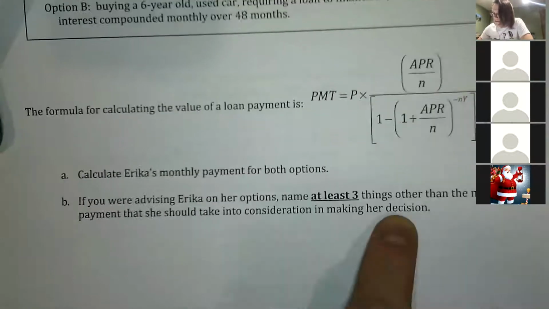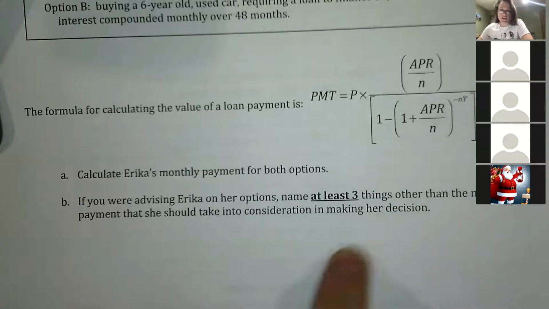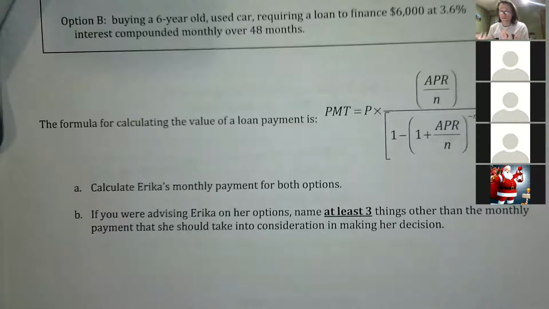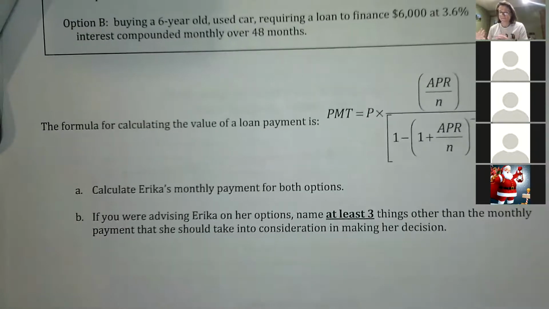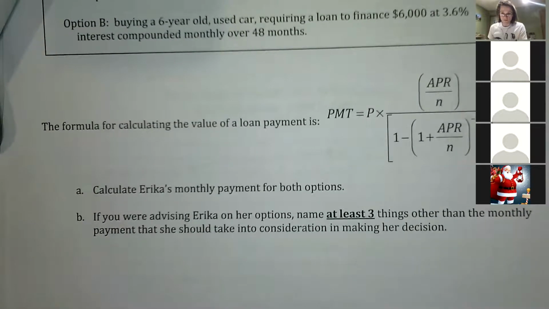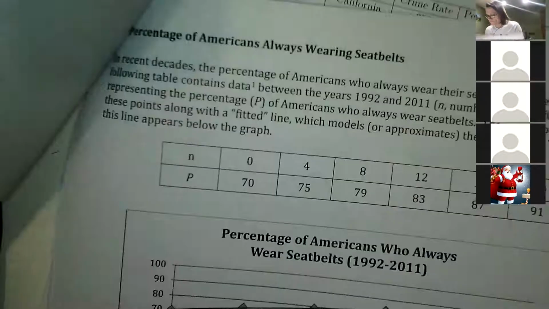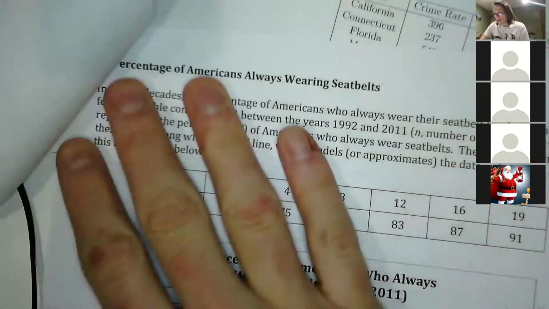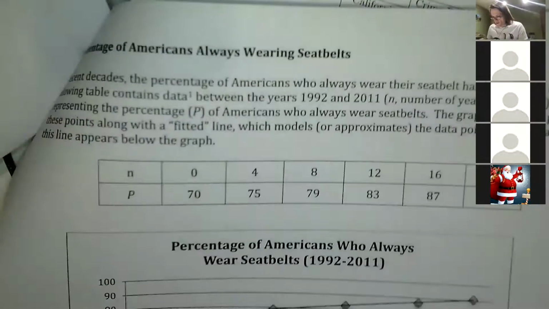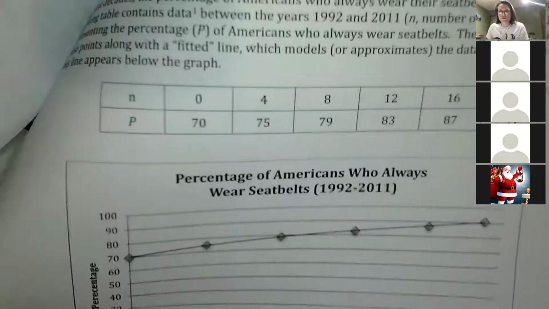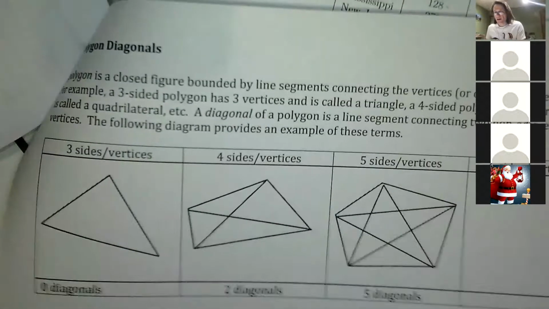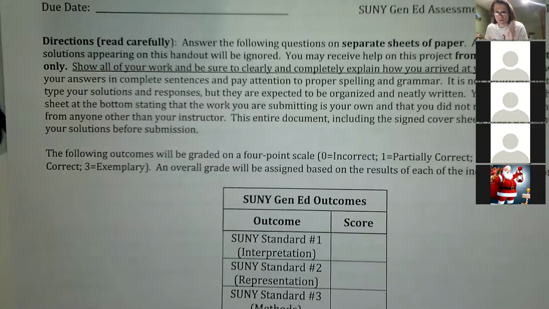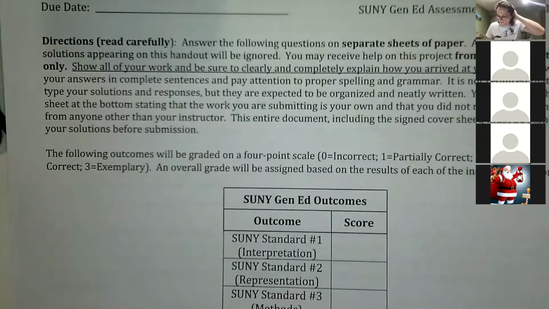Name 3 things besides the monthly payment that you should take into consideration. This goes back into the budgeting. What do you have to consider if you wanted to buy this car? Do you make enough money? Do you have enough extra money? That kind of thing. And there are 2 more. It gives you everything you need, really, is what I'm trying to say. So don't be afraid of this. It's not a test, it's a project grade, but definitely do it.